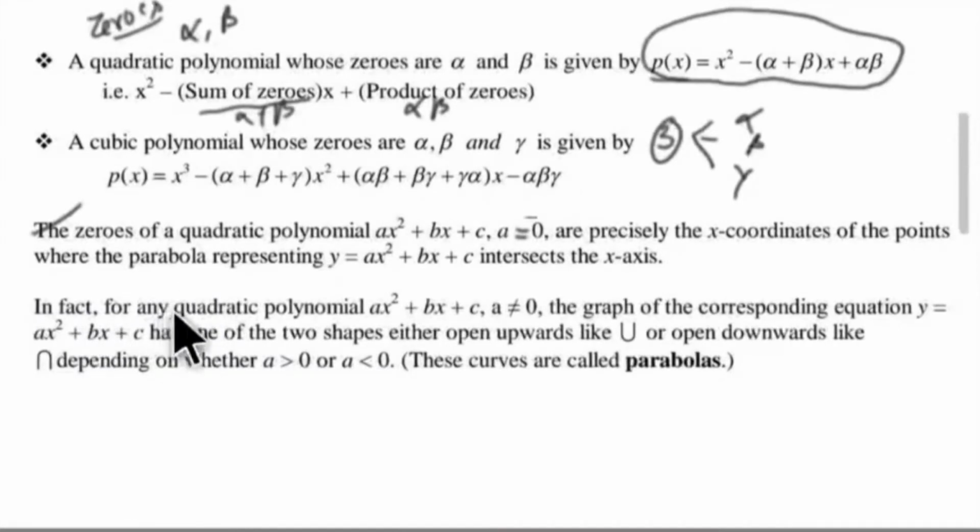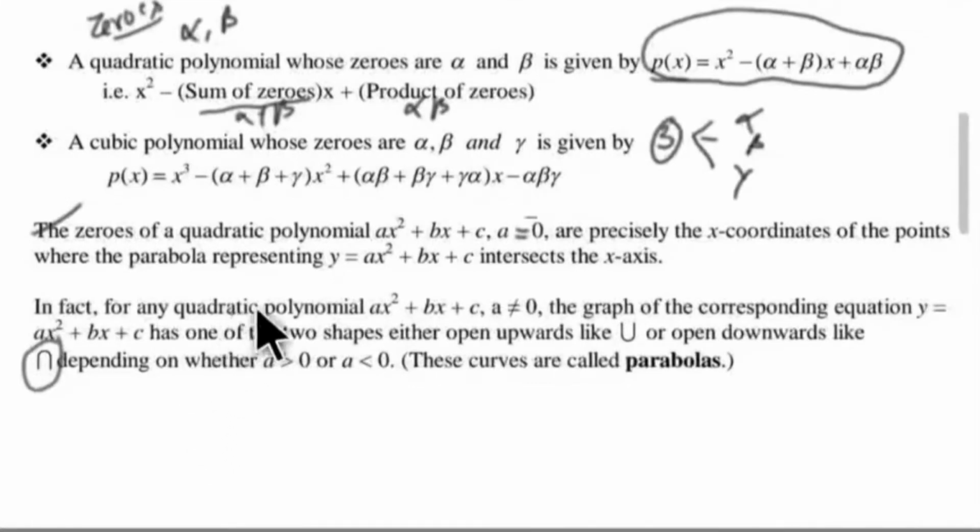In fact, for any quadratic polynomial ax² + bx + c, a not equal to 0, the graph of the corresponding equation y equal to ax² + bx + c has one of two shapes, either open upwards like a U or open downward like this figure, depending on whether a is greater than 0 or a is less than 0. These curves are called parabolas.